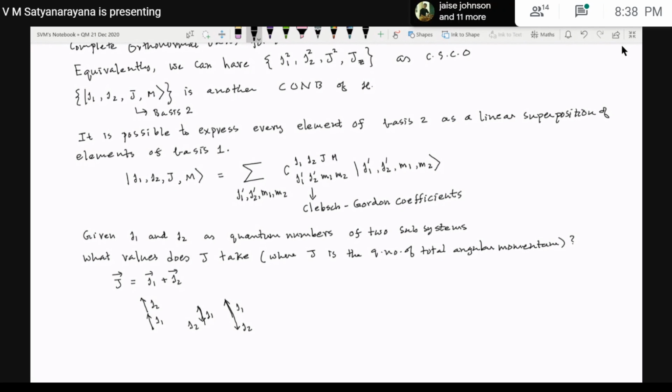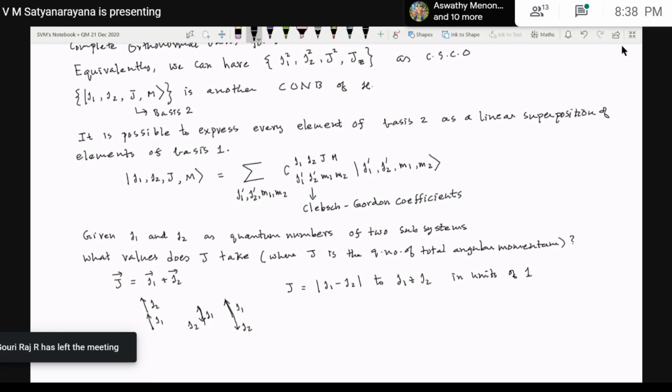So the possible values of J will be from modulus of J1 minus J2 up to J1 plus J2 in units of 1. That means |J1 minus J2|, |J1 minus J2| plus 1, and so on, up to J1 plus J2.